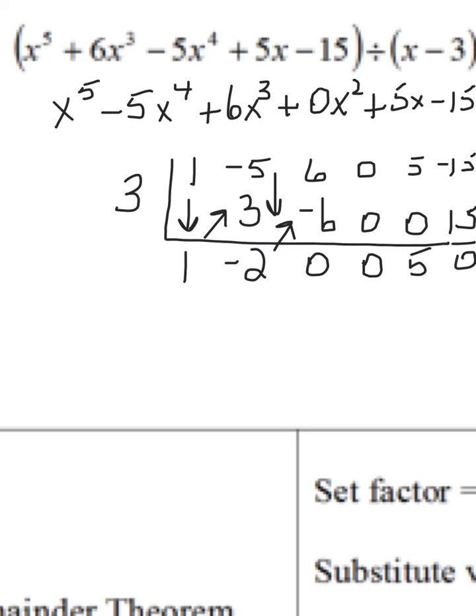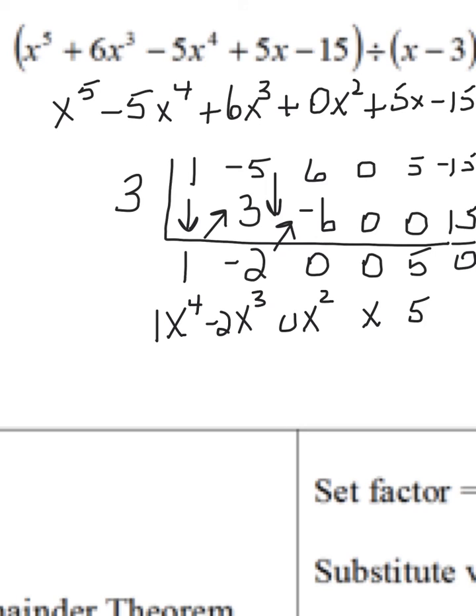Okay, so let's see. We started with x to the 5th. So this first term is going to be x to the 4th. And then we're going to go down from there: x to the 4th, x to the 3rd, x squared, x, and then our constant. So we have a 1 for our first term, a negative 2 for the second term.